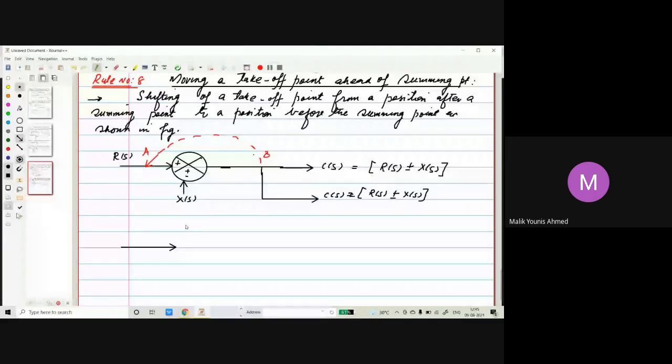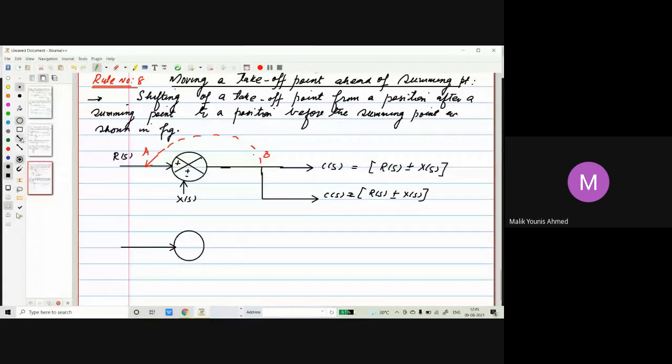So we will have a summing point as usual here, because summing point will remain there. Only the takeoff point is going to come here, and output is going to remain the same.